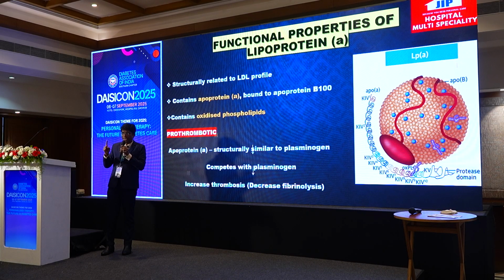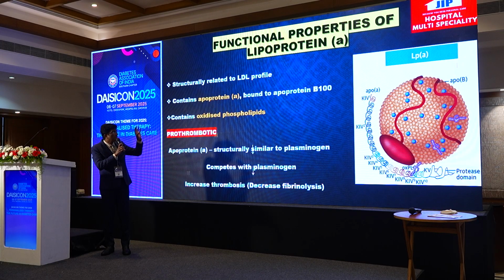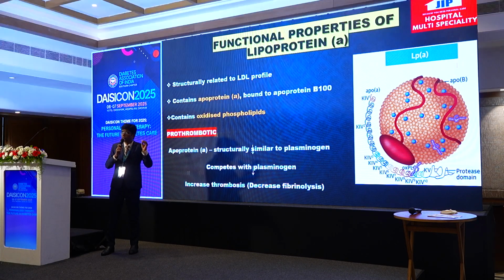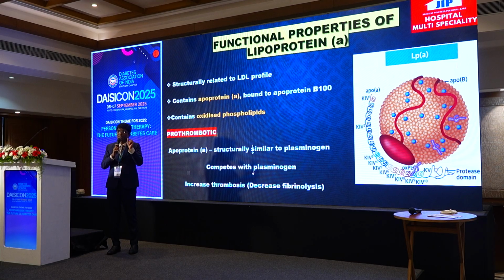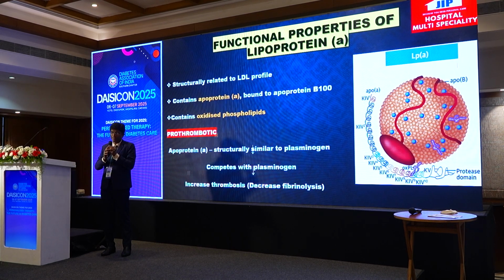In the outer membrane, you must have one apoprotein, free cholesterol, and phospholipids. That's very, very important. But the peculiar feature of lipoprotein A is the presence of apoprotein A. The presence of apoprotein A is responsible for all kinds of pro-inflammatory, vascular and thrombotic events.